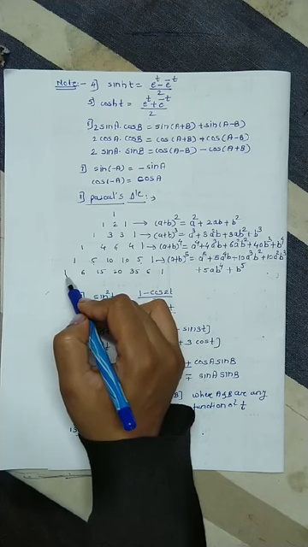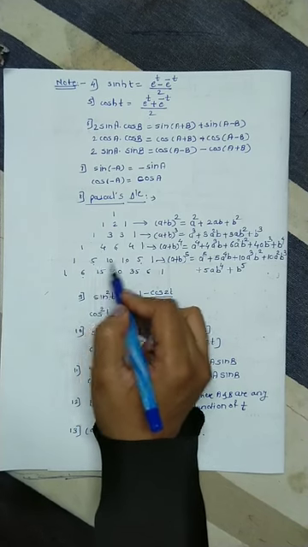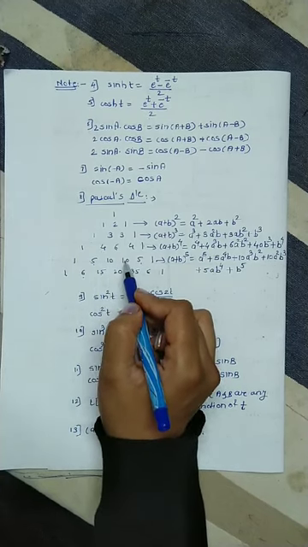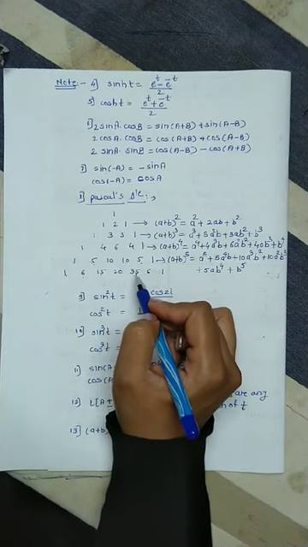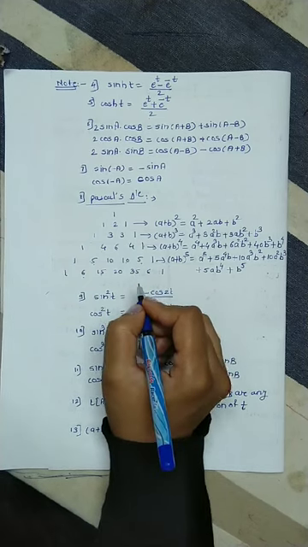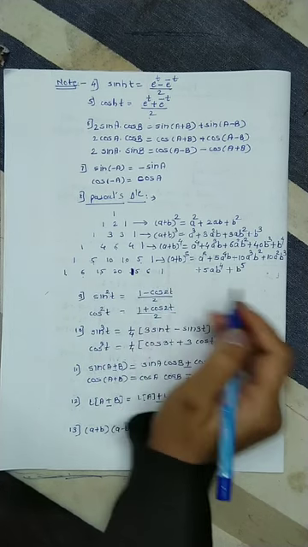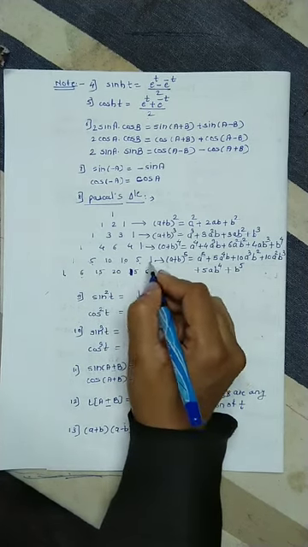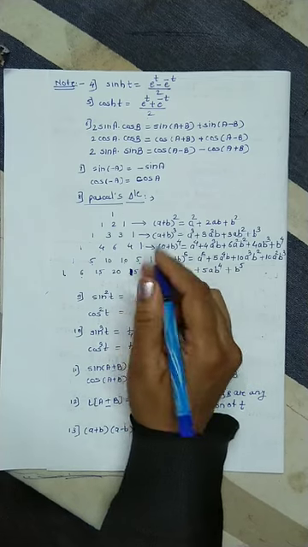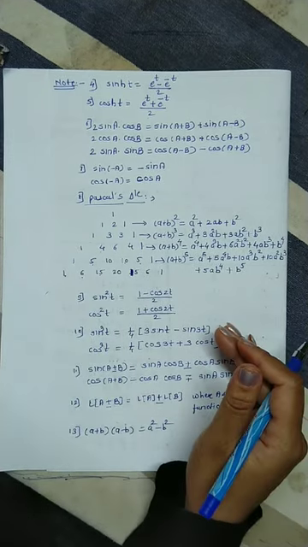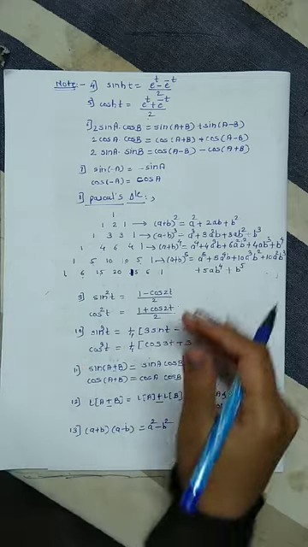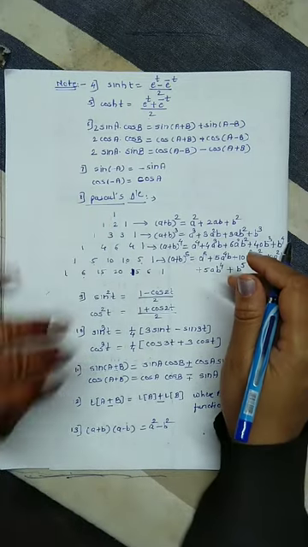Here again 1, 5 plus 1 is 6, 10 plus 5 is 15, 10 plus 10 is 20, 10 plus 5 is again 15, and 5 plus 1 is 6, and the last one is 1. Okay, you can go on expanding this triangle. This is called the Pascal triangle.